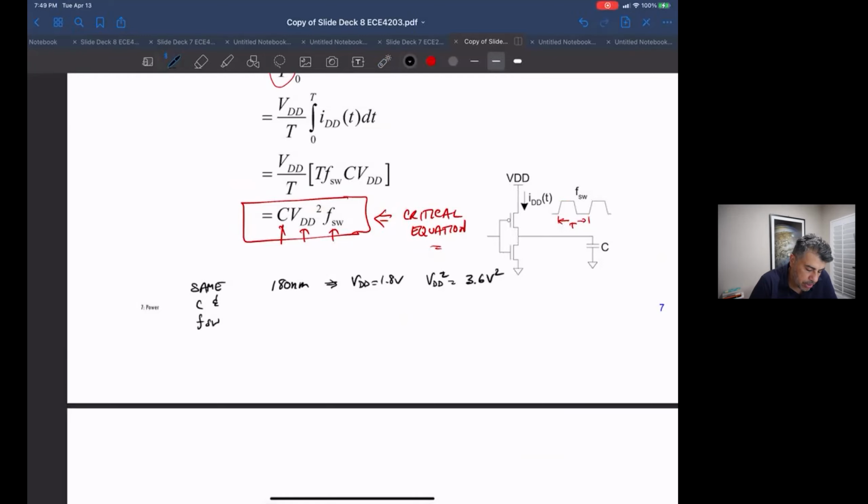And let's say you compare that to a 65 nanometer process, which has a VDD of 1 volt. Here, VDD squared is 1 volt squared. So just because of your difference in supplies, the power consumption of this one is a factor of almost 4 higher than this one.